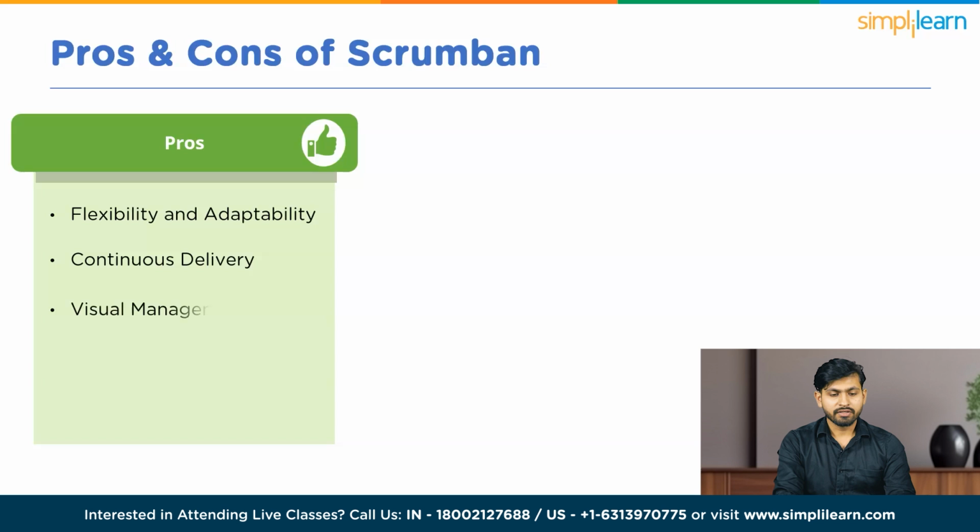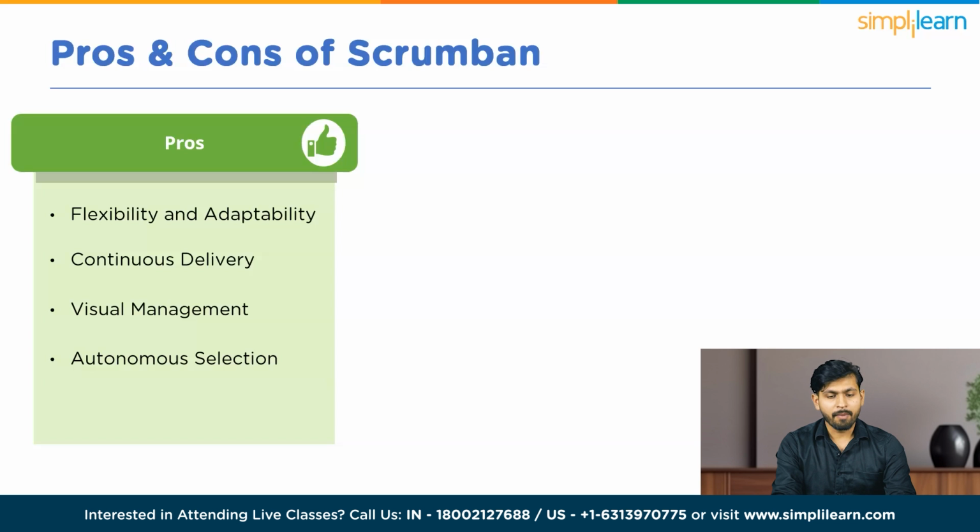Next one we have is visual management. The use of visual boards in Scrumban enhances transparency and collaboration. Teams can easily track tasks, identify bottlenecks, and maintain a clear overview of the work in progress, thus promoting efficient communication. Next is autonomous task selection. Team members have the autonomy to self-select tasks based on their expertise and capacity.